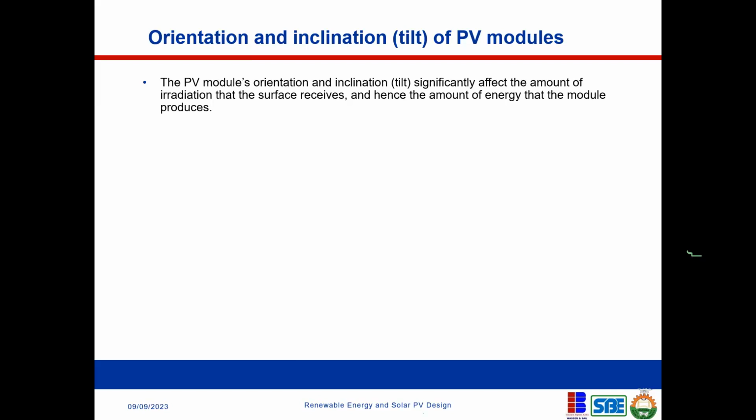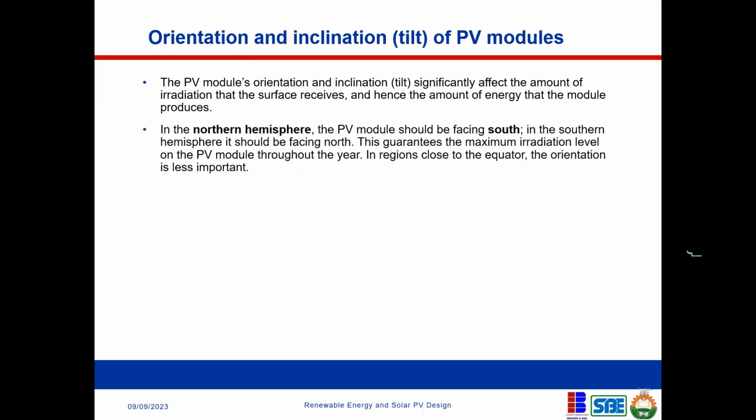These significantly affect the amount of irradiation that the surface receives, and hence the amount of energy that the module produces. Now, we have the northern and southern hemispheres, depending on where you are. Nigeria is in the northern hemisphere, and in fact we are closer to the equator. This is more like geography, but it's important when you want to install PV systems.